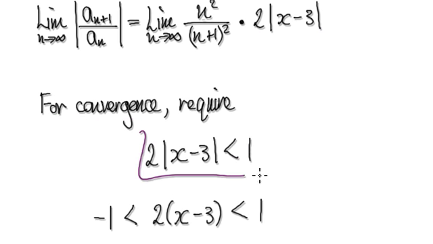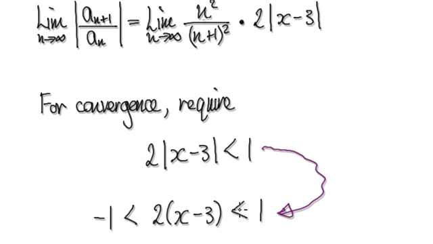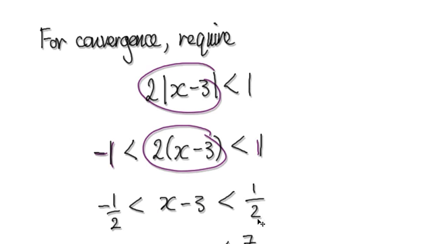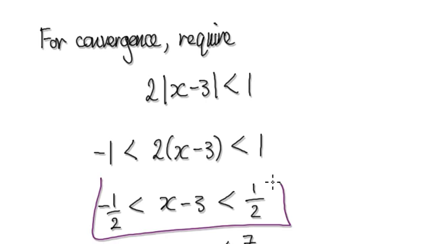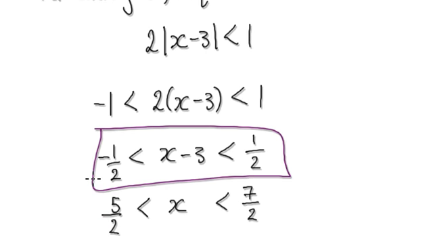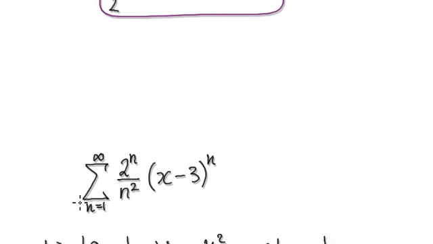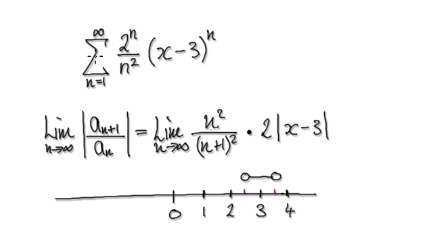Now, from here you can translate this whole thing being less than 1 to this thing here being between -1 and 1. So now divide everything by 2. That will then give you this, and then add 3. That will then give you this. So far, for convergence, we require this to be less than 1.